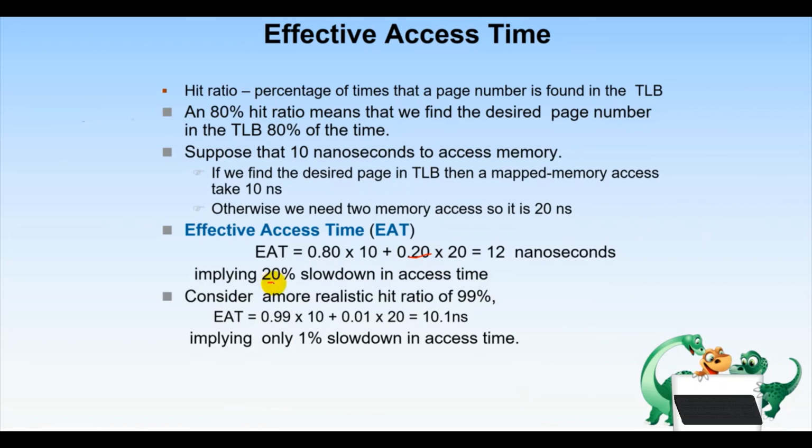A 99% hit ratio would yield 10.1 nanoseconds, implying only a 1% slowdown in access time. So at a 99% hit rate, we get a 10.1 nanosecond average access time for a 1% slowdown. That's fast.